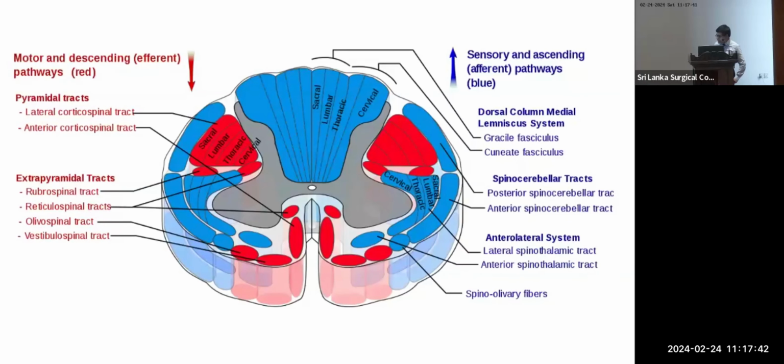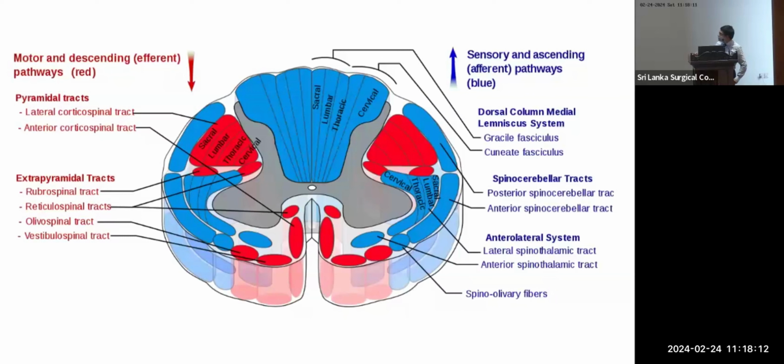And if you see the cross section of the corticospinal tracts, those of the cervical segments lie most medially, whereas the fibers coming from the lower extremity of the body lie most laterally.